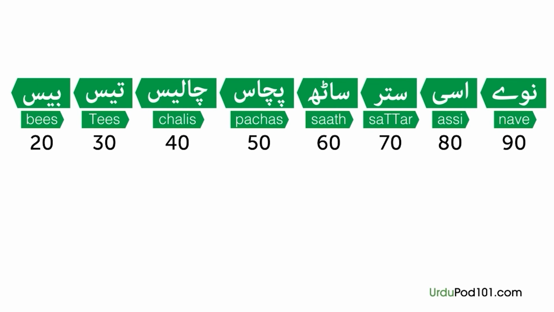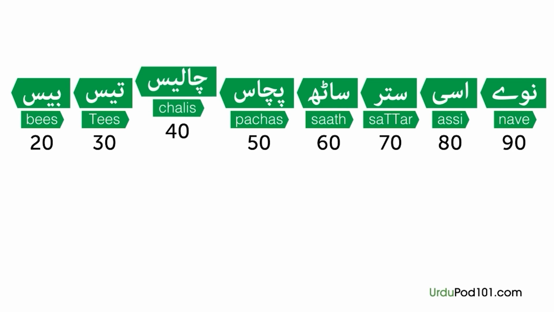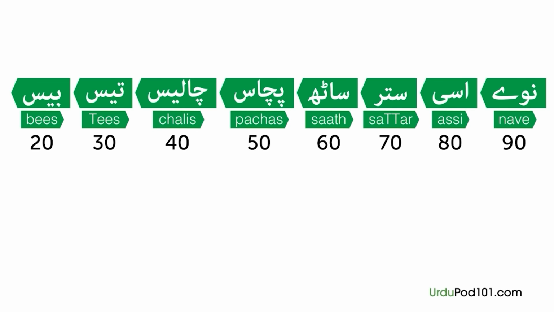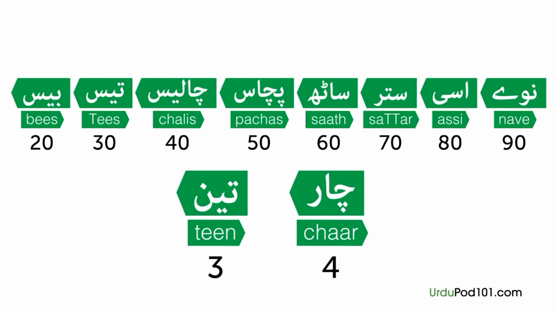While you have to memorize many of the numbers, there is a trick that will make memorizing them easy. Notice that 30 is 30 and 40 is 40. Do you remember what 3 and 4 are in Urdu? Well, let me remind you. 3 is teen and 4 is char.